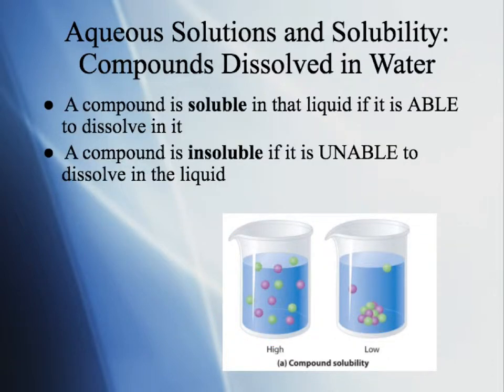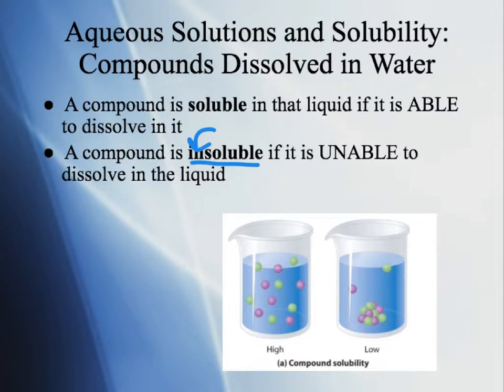All right, so I had mentioned it in the previous slide, and here it is officially. Solubility is basically our fancy word in chemistry for being able to dissolve in water. So a compound that is soluble is able to dissolve in water. And a compound that is insoluble, note the prefix in, which means without, is not able to dissolve in water.